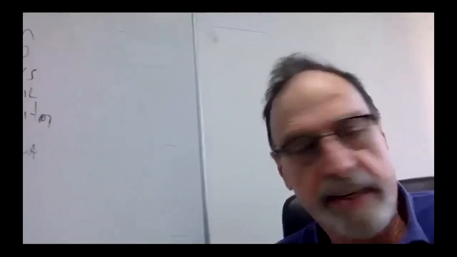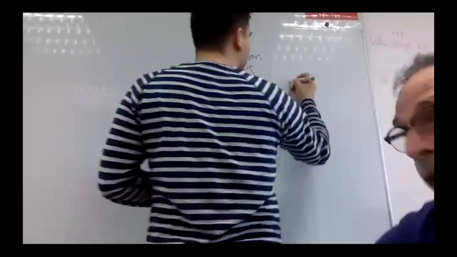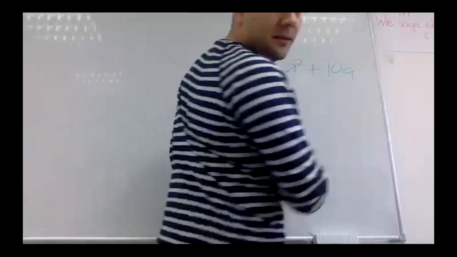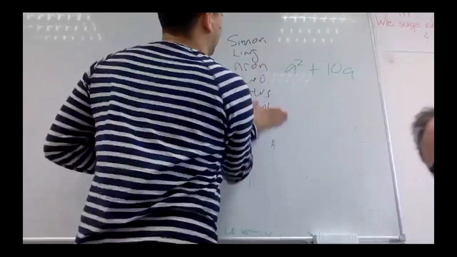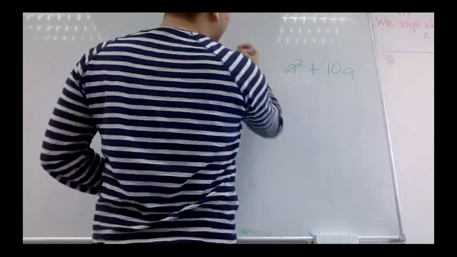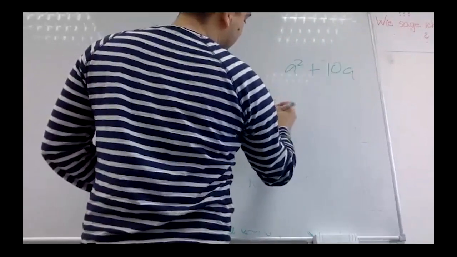Okay, he wants to do it. So it's a squared plus 10a. Can you guys see it? Yes. Okay. So I know that 10 divided by 2 equals 5.